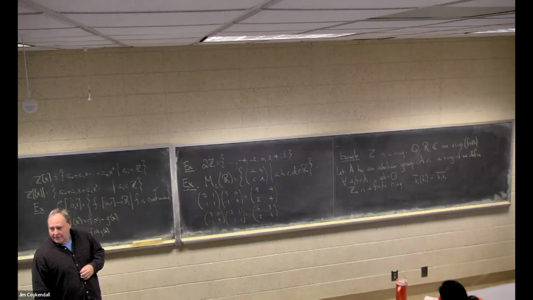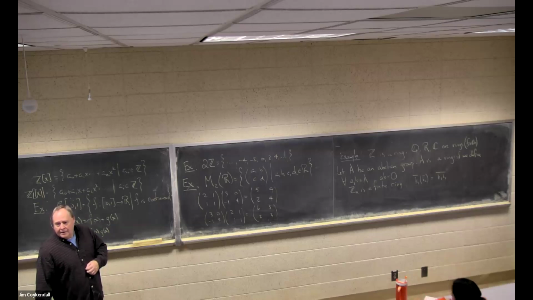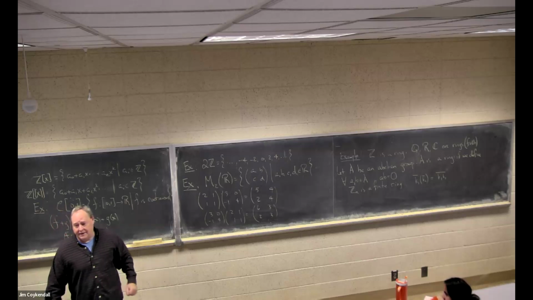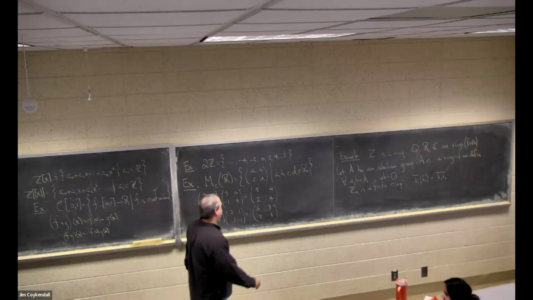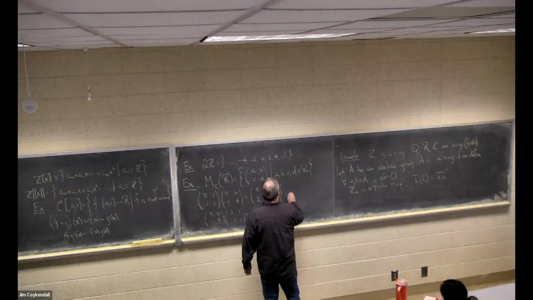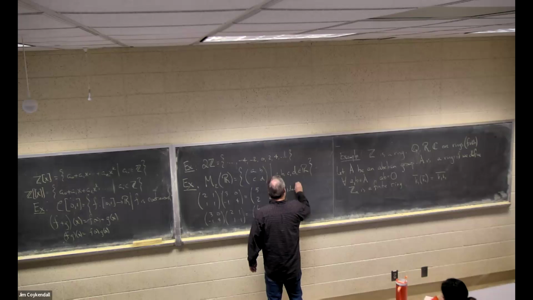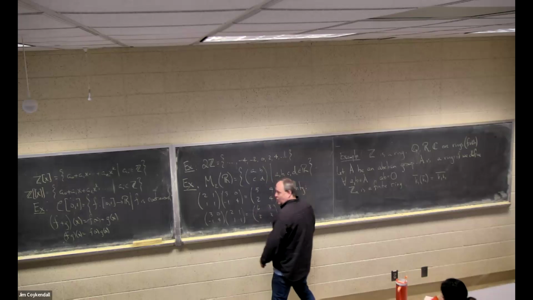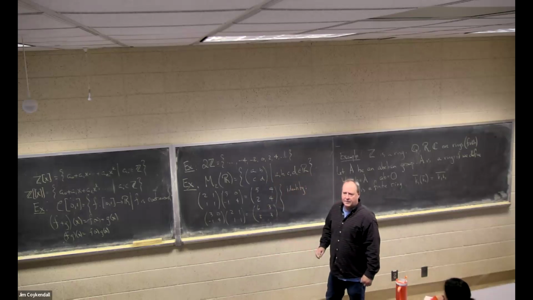So the even integers ring doesn't have identity, but it is commutative, and M2 is not commutative, but has identity. What's the identity? 1, 0, 0, 1.